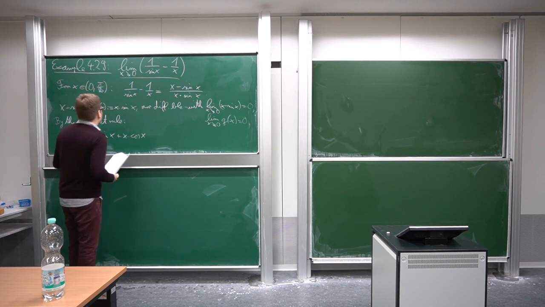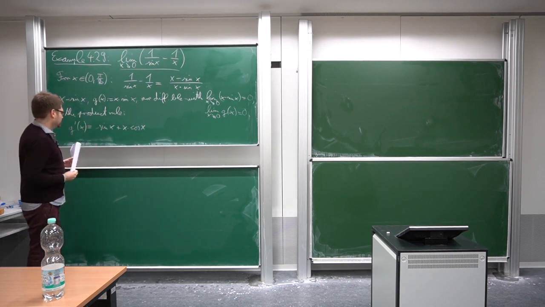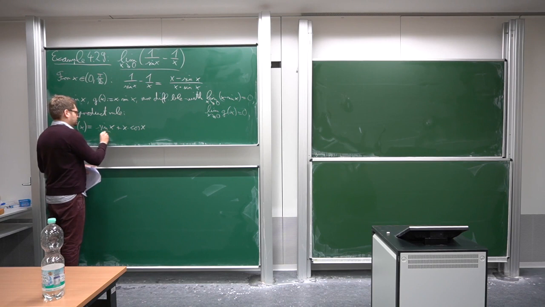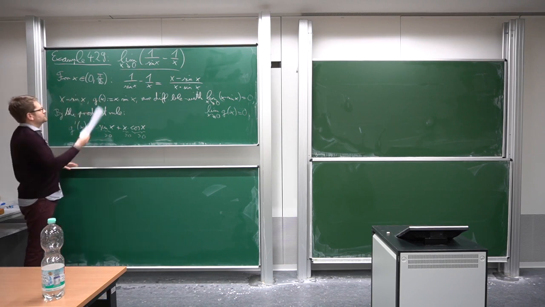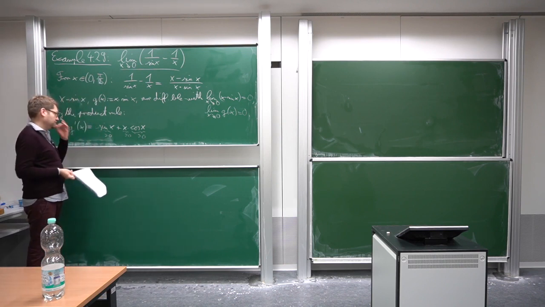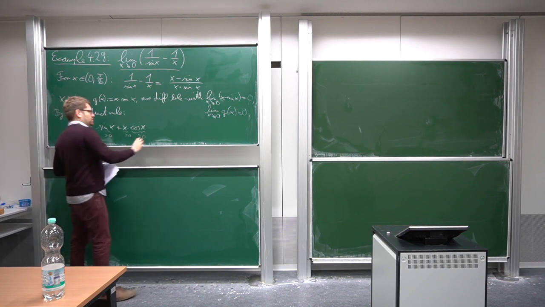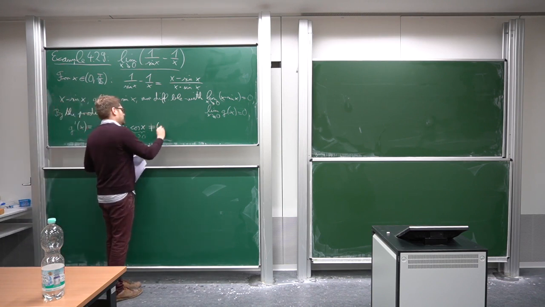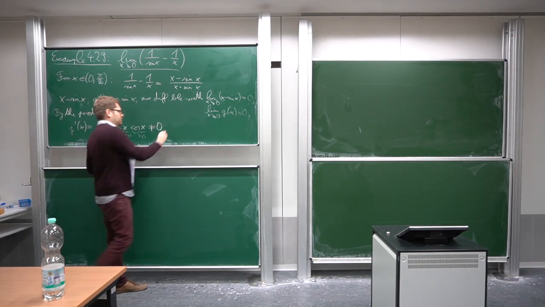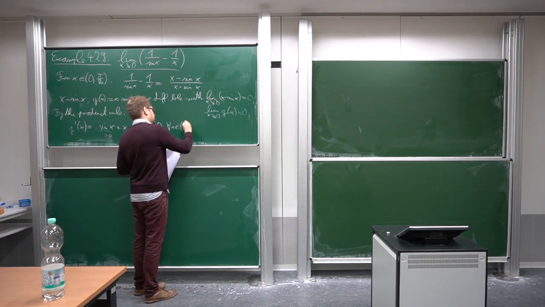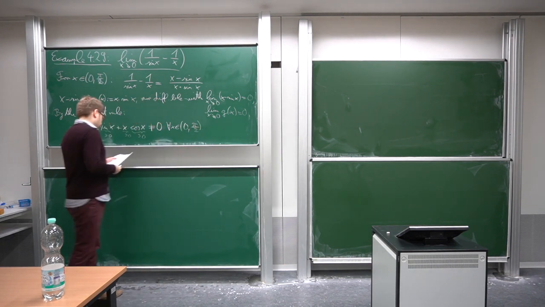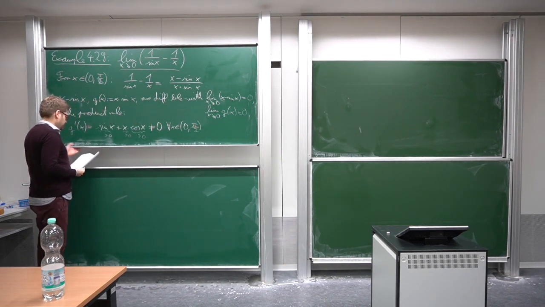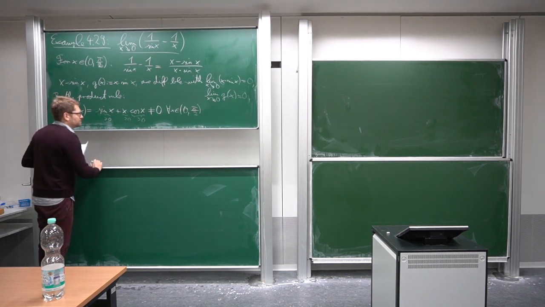We've seen that in this interval 0 to pi over 2 the sine is positive, x is positive, obviously, and the cosine is positive as well. This is the reason why we need to stop at pi over 2, because then the cosine hits 0. But here we know that everything is positive. So in particular, this is non-zero for all x between 0 and pi over 2. Okay, so much for that. So we can apply L'Hopital.